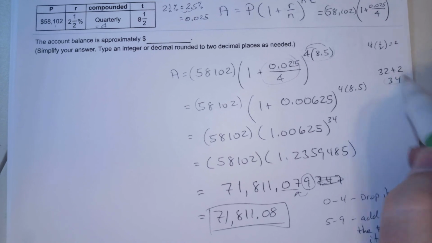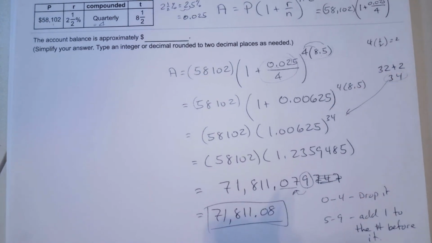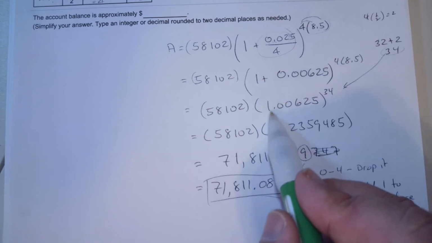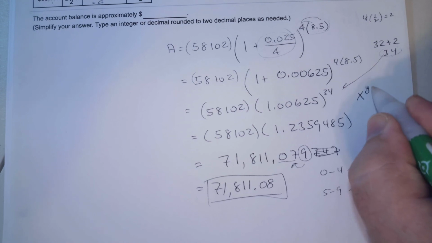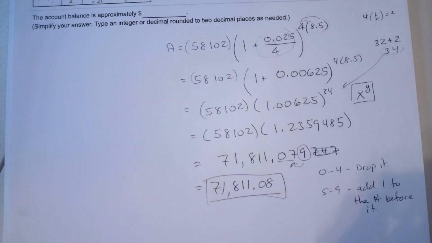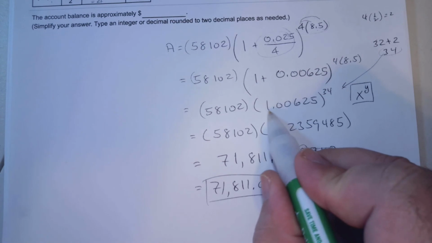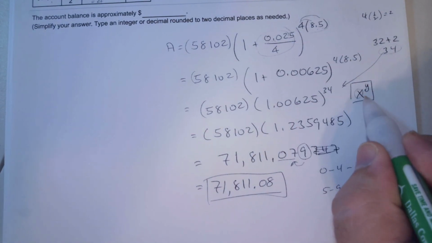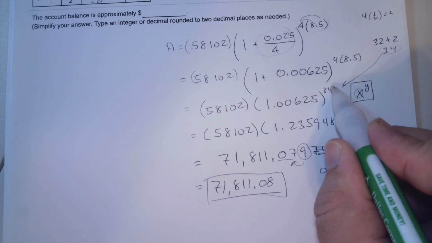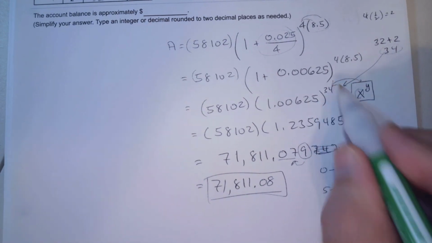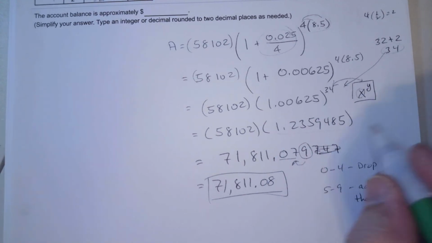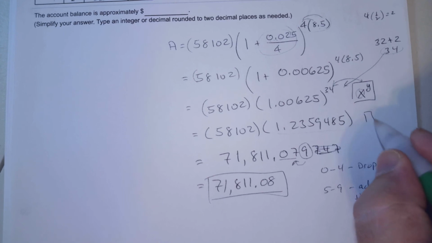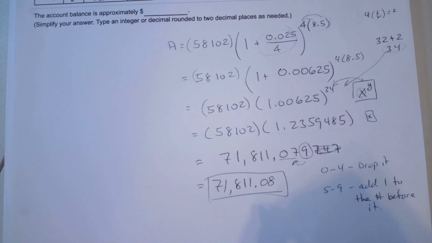So add those together, you get 34. Add 1, raise it to the power. To raise this one to the power, look for the button that looks like this. Because when you have the 1.006, that's already the x. When you hit this button here, all you have to do is enter the 34. And then hit enter. It'll give you that. Then press times. There you go. All right, good luck, everybody.